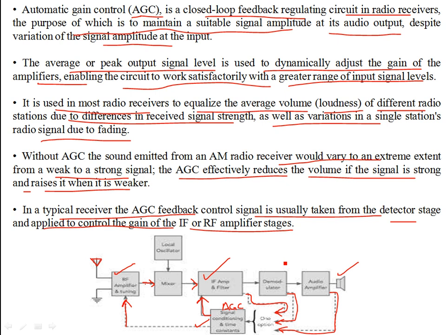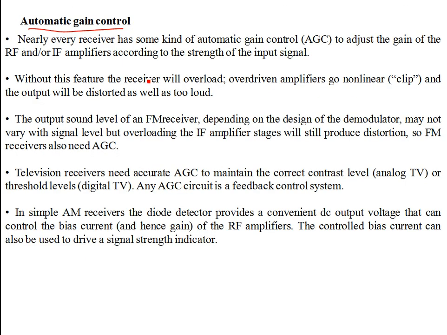There could be finite word length effects, for example, and due to the saturation, you will suffer non-linearities, or you will hear clipping of the sound if it saturates the next stage. So nearly every receiver has some kind of AGC that is used to adjust the gain of RF and IF amplifiers according to the strength of the input signal.